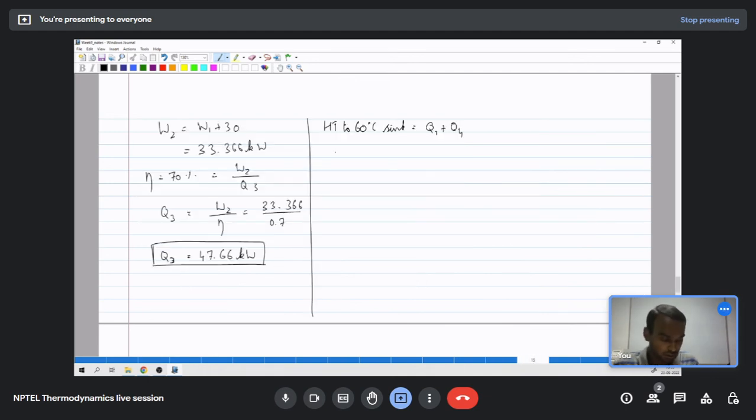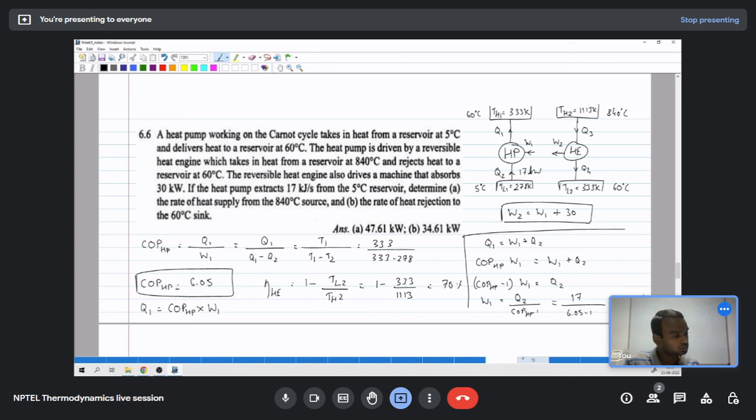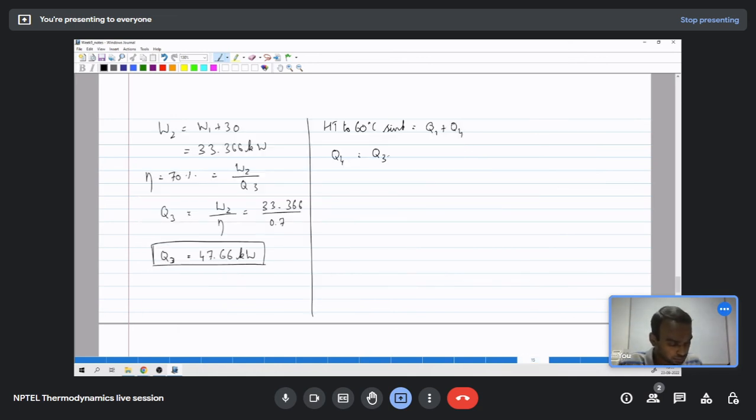So Q4 is Q3 minus W2. So Q3 is 47.66 minus W2 is 33.366. So this is 1.428 kilowatt is Q4, and Q1 is already calculated.